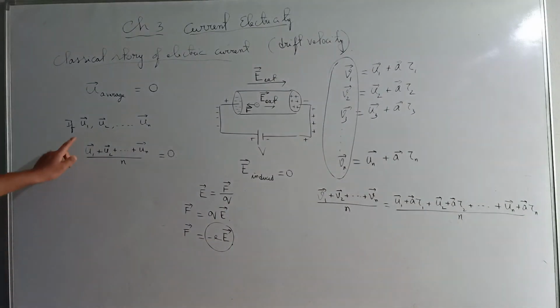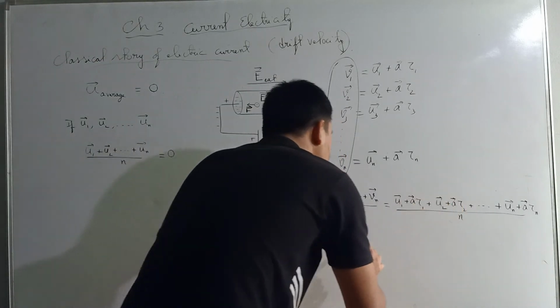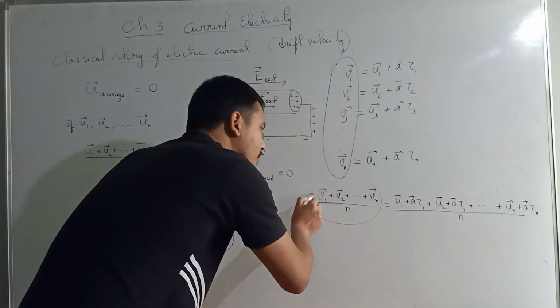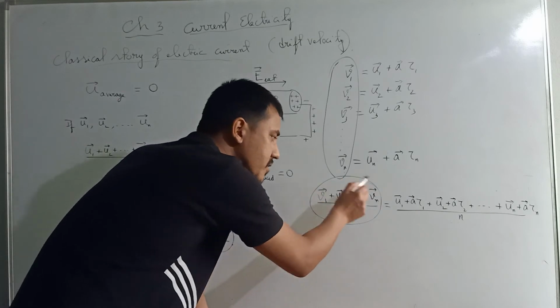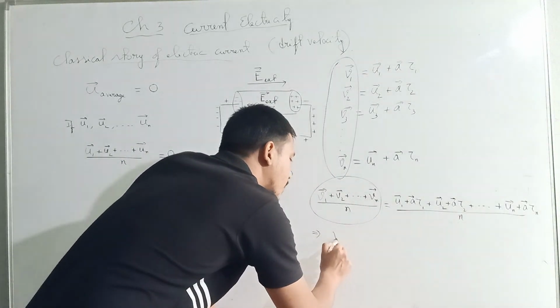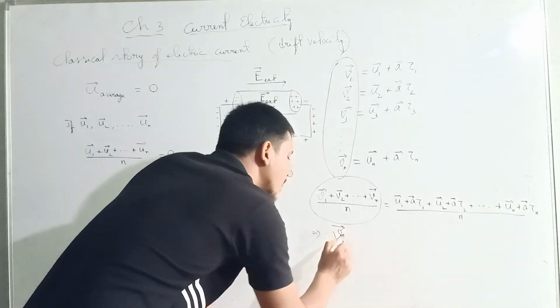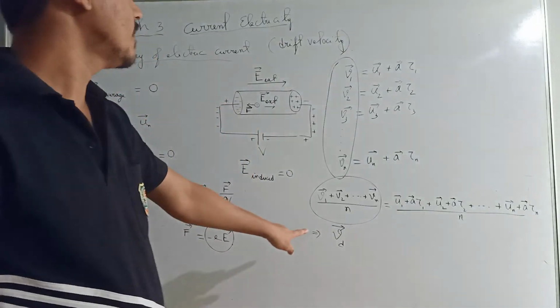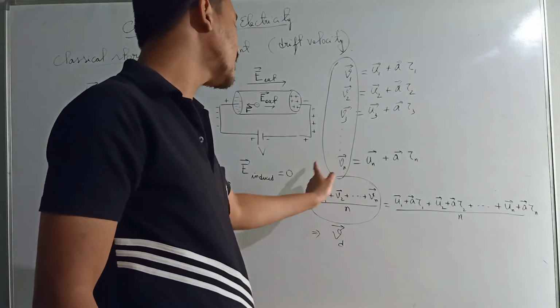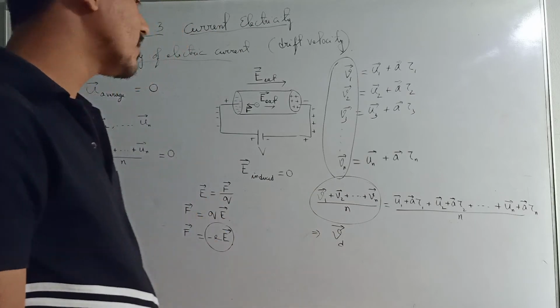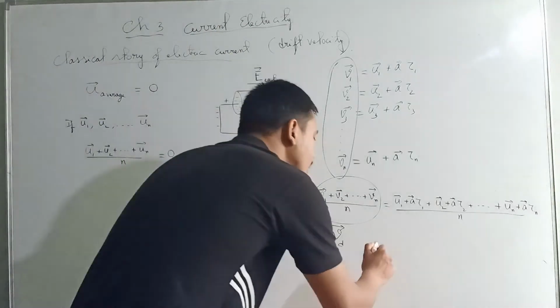The average of these velocities is known as drift velocity, and I'm going to denote it by Vd.